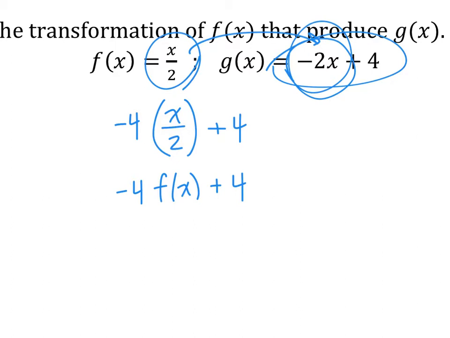Let's go down the line. Okay, Jackson, give me one. The transformation of f of x. What are these things around it? What are they doing to f of x? Give me one. You have a few choices. Negative 4 and then plus 4.